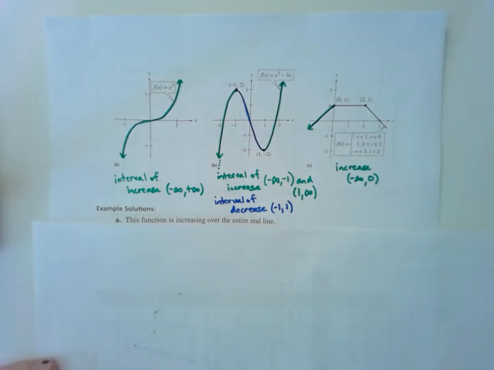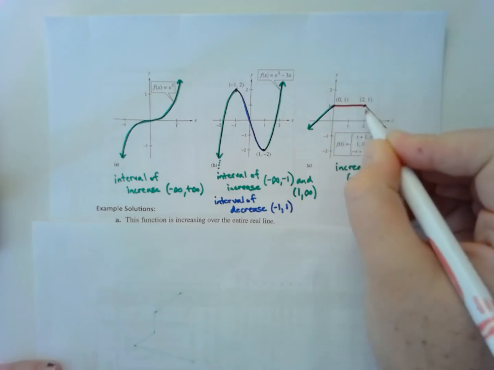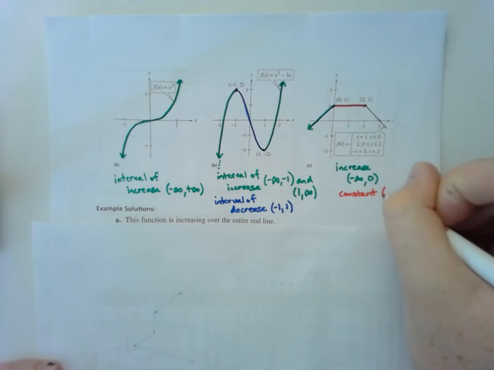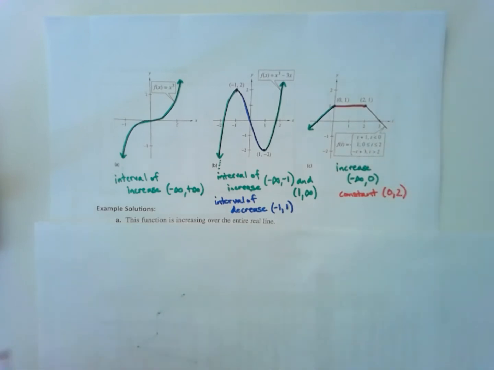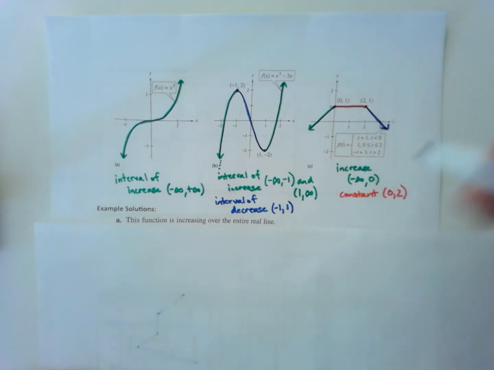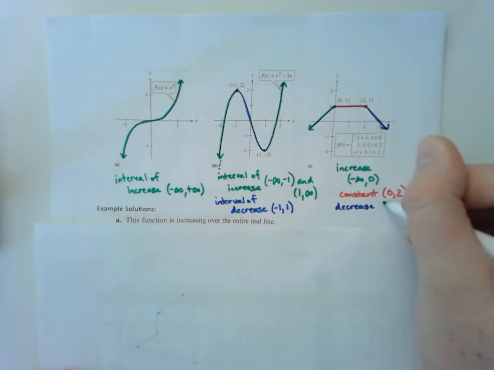And then it stays constant from x equals 0 to x equals 2. So I'm going to put that in red. So from 0 to 2 it was constant. And then at 2 it starts to decrease. So we would say it's an interval of decrease from 2 to infinity.